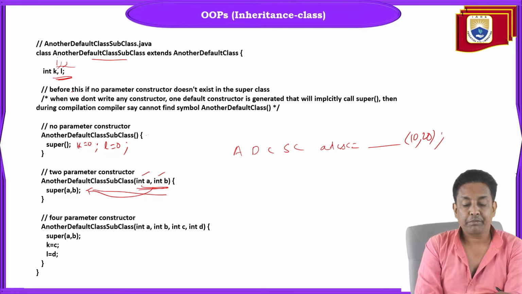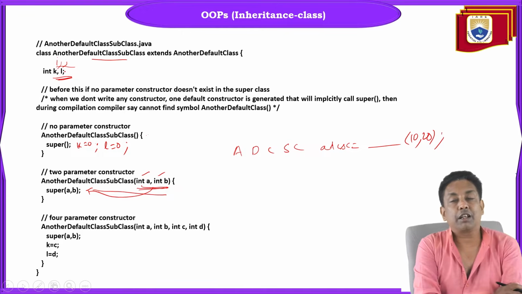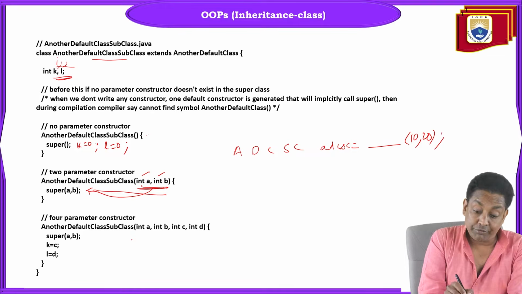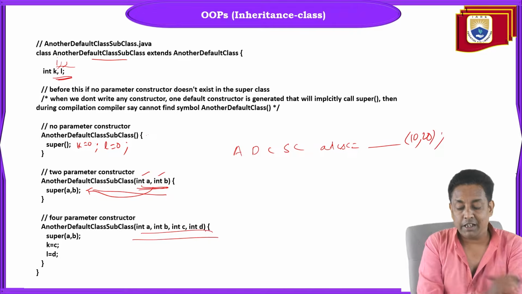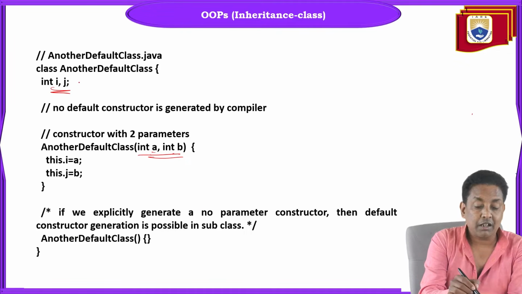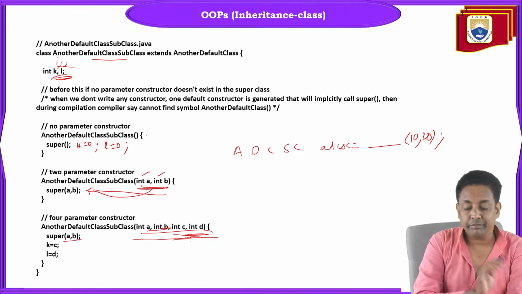If any extra parameters exist, we can think of initializing our class instance variables. Suppose you write a 4 parameter constructor a, b, c, d: a, b can be passed into the superclass constructor so that i and j variables will be initialized. And c and d are left. The c and d are assigned to k and l.